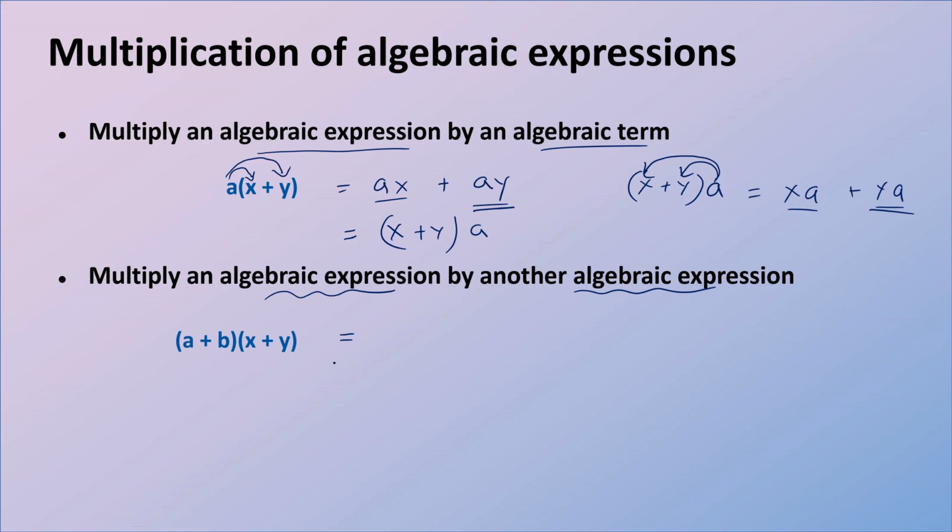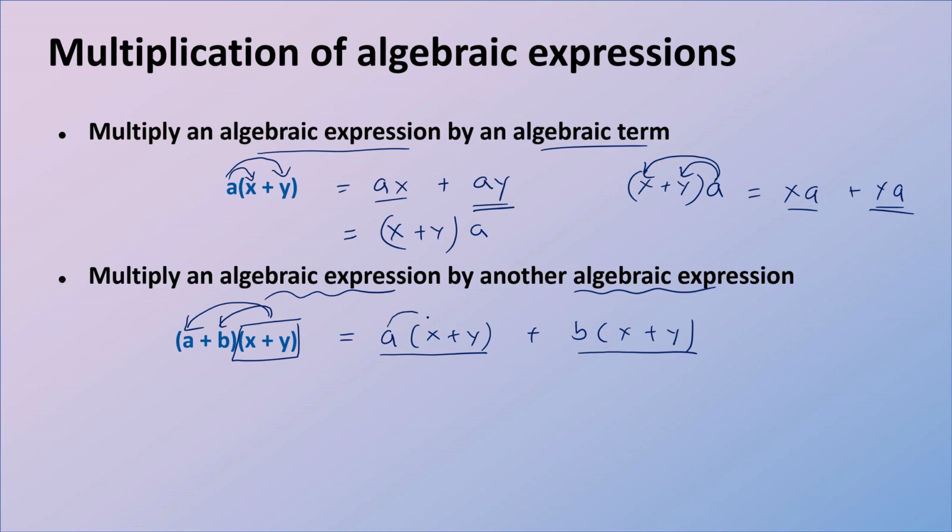I have already told you that we can write it as A times x plus y plus B times x plus y. What I have done is I've considered the x plus y as a single term and distributed it to A to get this, and then distributed it to B and obtained the second term.